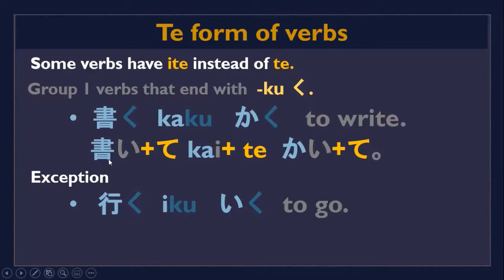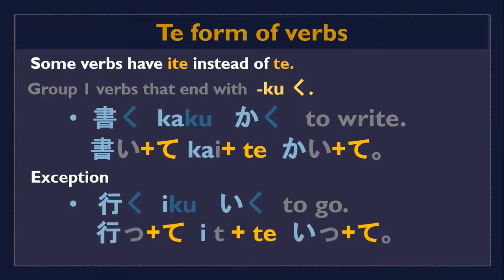So it won't be ite. Okay? Please remember that. It will be itte. Now remember, this small tsu means that the consonant part of the next hiragana will be stretched. So itte. This is how we'll say.